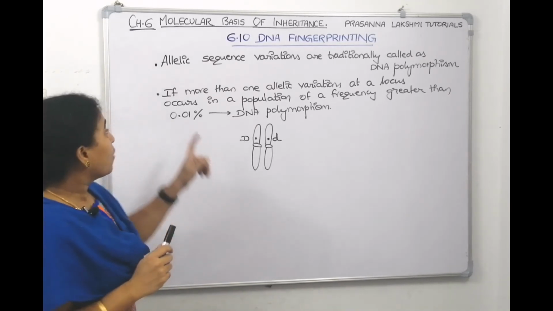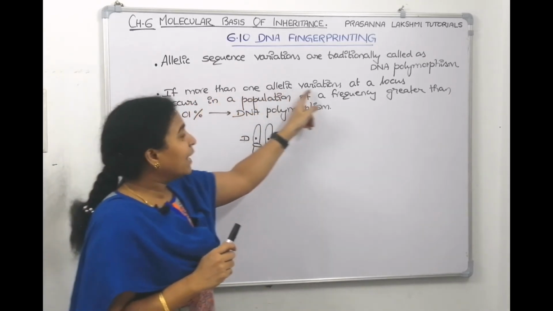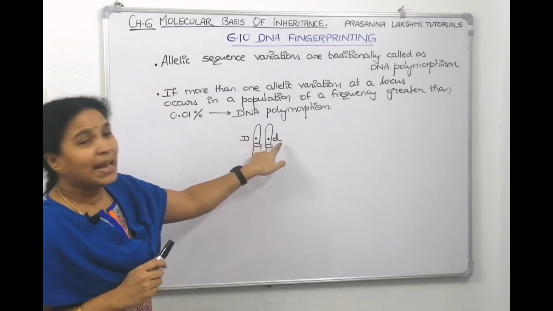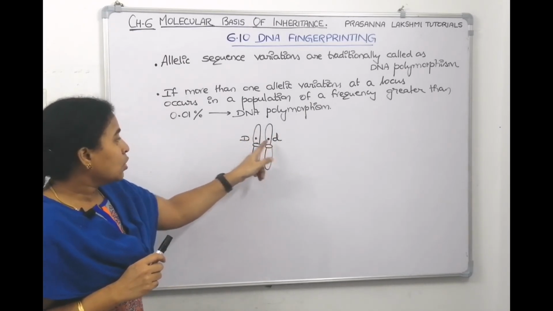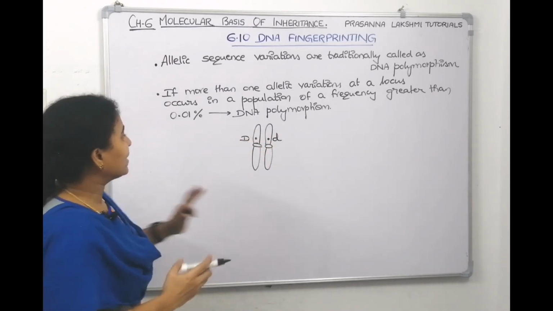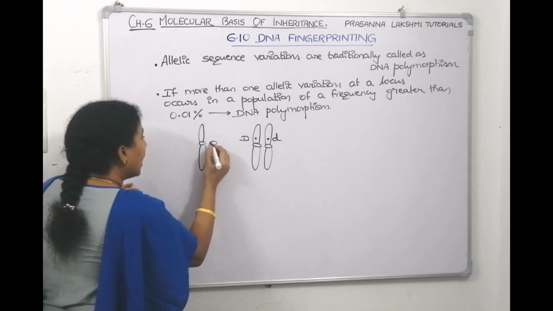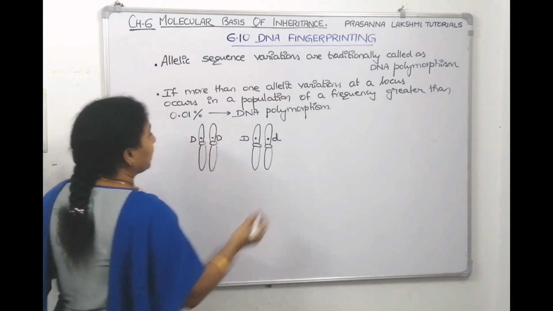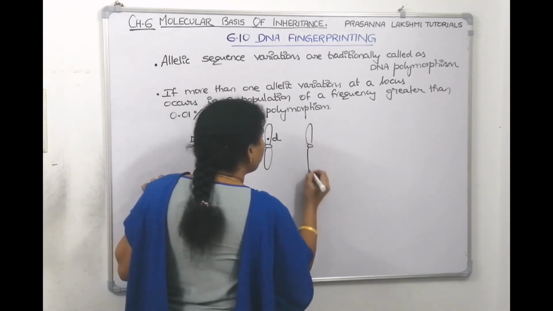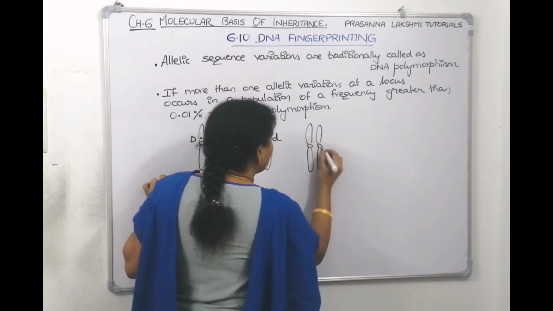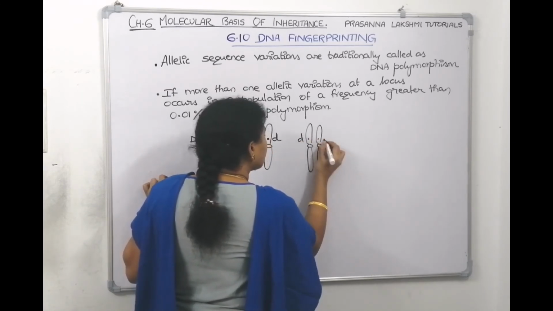So, let us see. If there is more than one allelic variation, I showed you an allele. In one person, it is like this. In another person, it is like this. And in another person, it is like this.